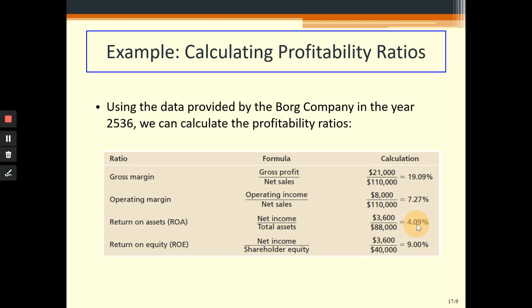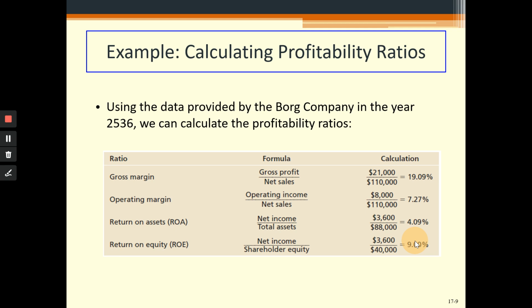So imparting more debt into a company means that the equity holders are effectively using the debt holders' funding to generate the return. That's why the equity holders are getting much more. Even though the return on assets is just 4.09%, the equity holders are getting 9%.